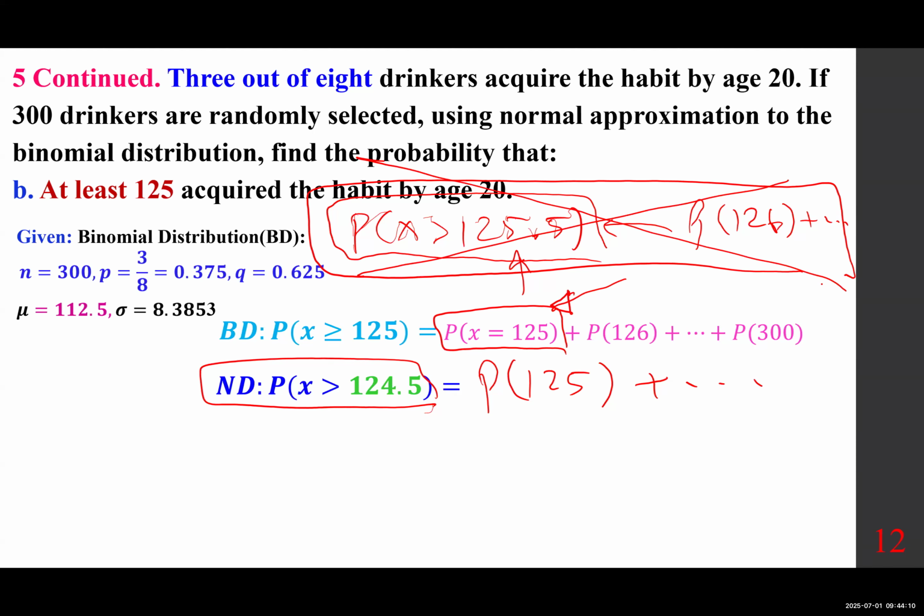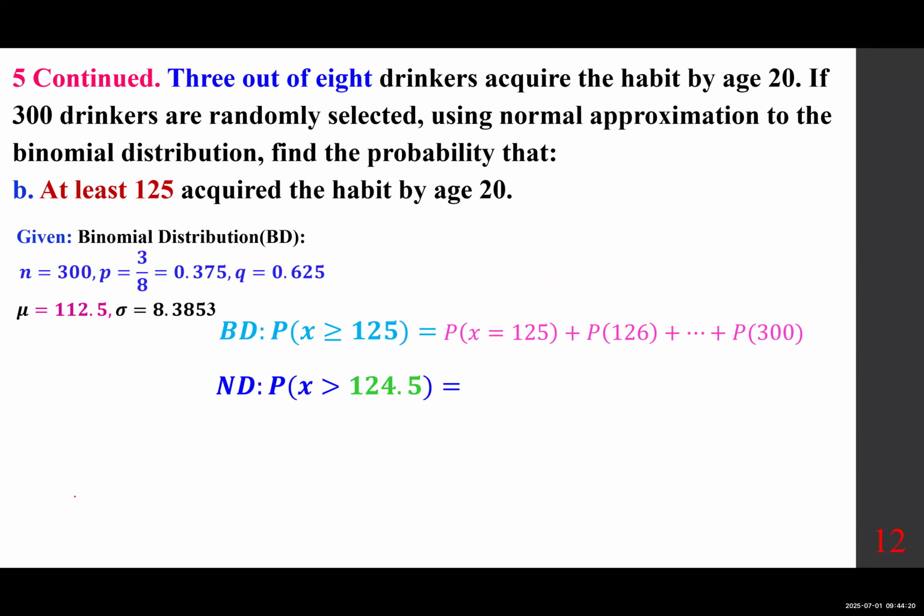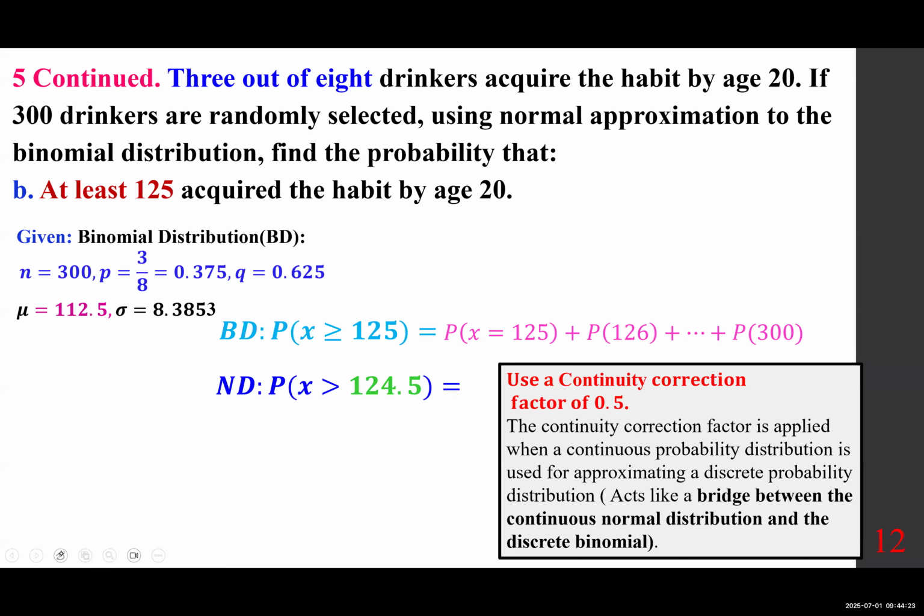It's important to understand whether we add or subtract, which one and why. And so this is called continuity correction factor. The continuity correction factor is applied when a continuous probability distribution is used for approximating a discrete probability distribution.